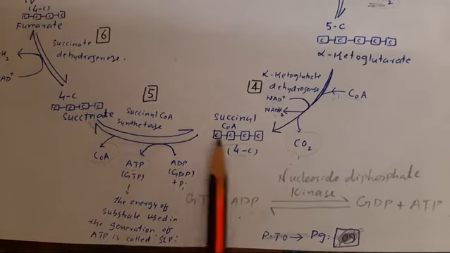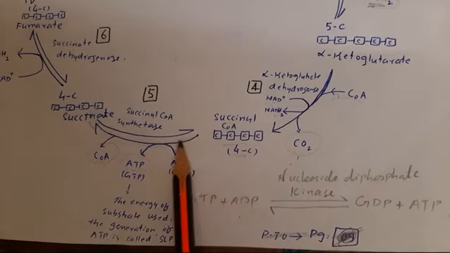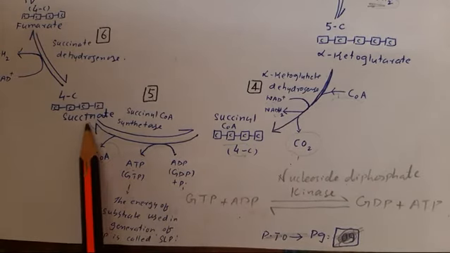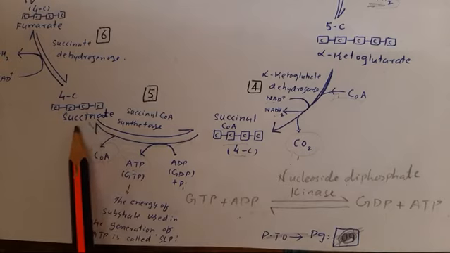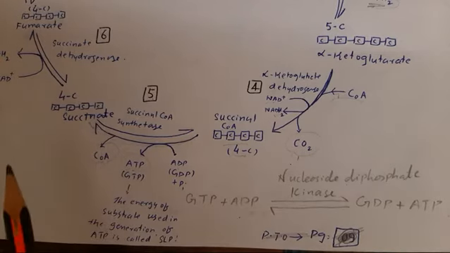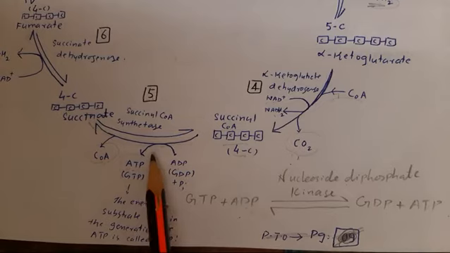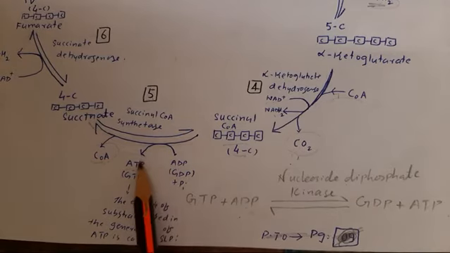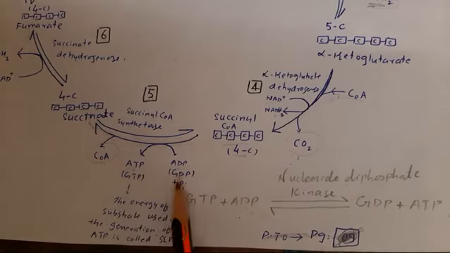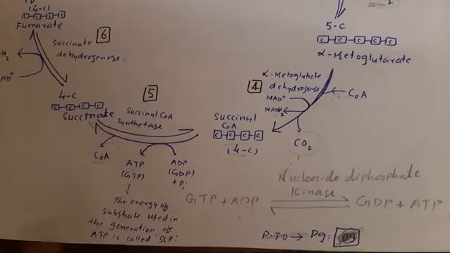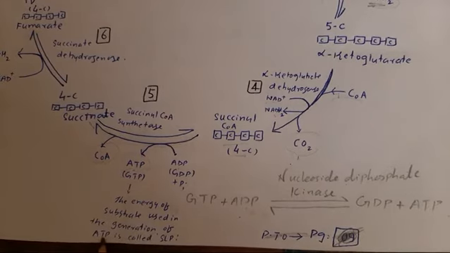So once again, in the fifth step, the succinyl-CoA is converted into another 4-carbon molecule known as succinate. The coenzyme A is released, and some of the energy produced in this oxidation is used in the synthesis of ATP from ADP and inorganic phosphate, as the energy of the substrate is used in the generation of ATP.